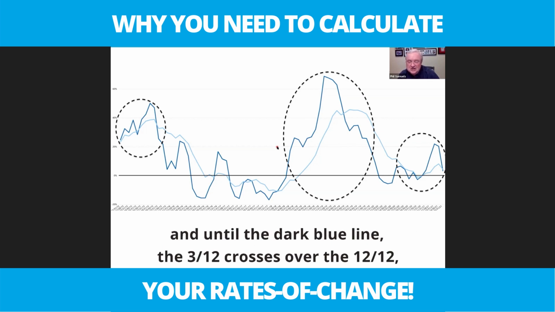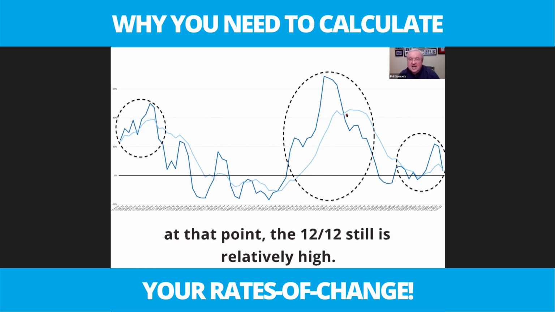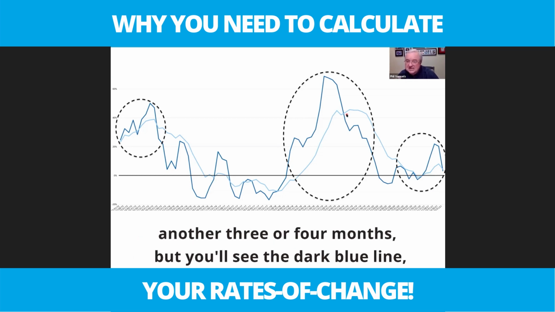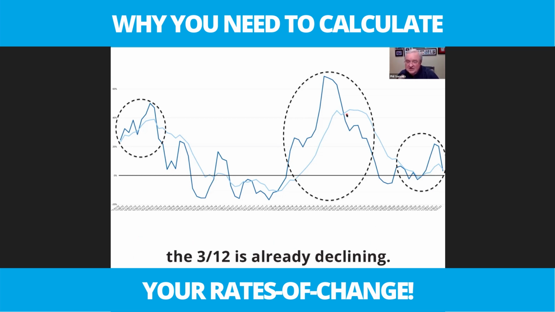Until the dark blue line, the 3/12, crosses over the 12/12, at that point the 12/12 is still relatively high. In fact, that's the peak sales for this company over that period of time, for another 3 or 4 months. But you'll see the dark blue line, the 3/12, is already declining.